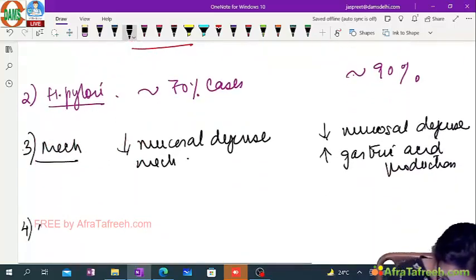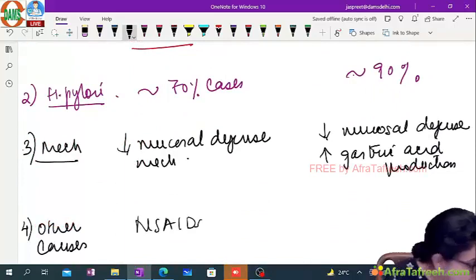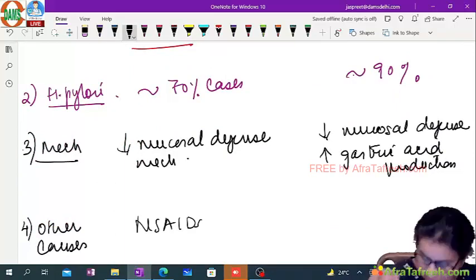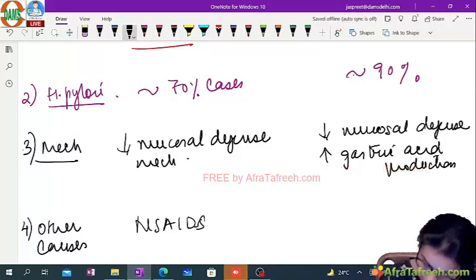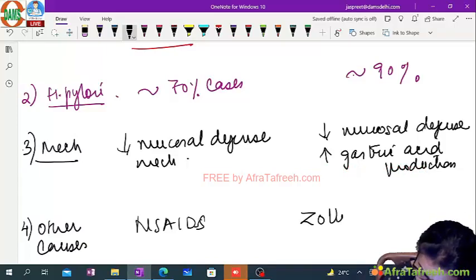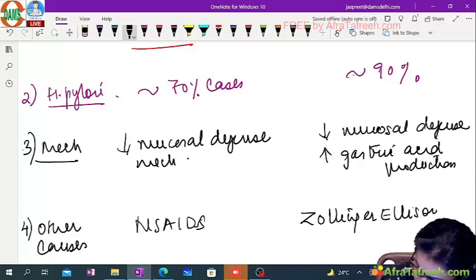Other causes for gastric ulcers are NSAIDs. They are associated with NSAIDs and also with tobacco and ischemia and so many more. NSAID is very, very important. And duodenal ulcers may be associated with Zollinger-Ellison syndrome.